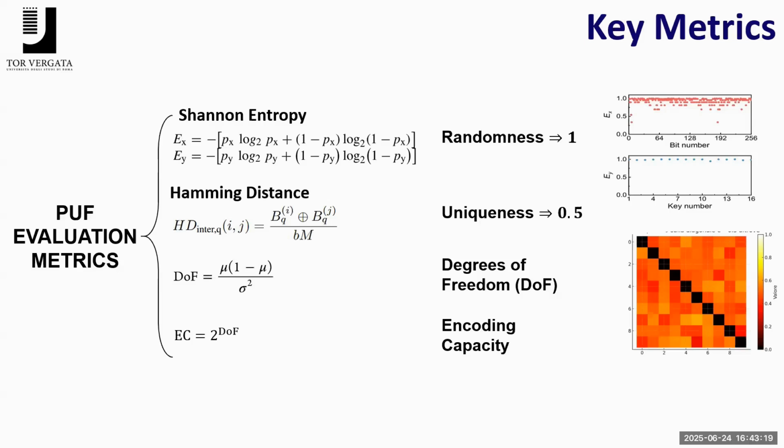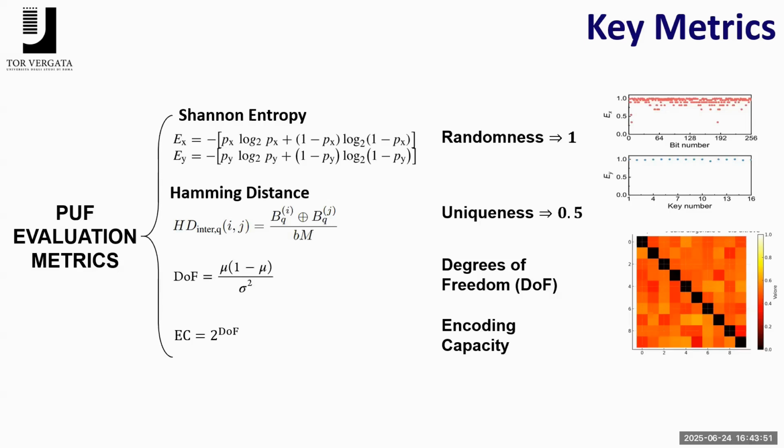It's very difficult for an attacker to make cryptanalysis to try to derive the key. Then we have the Hamming distance. We consider couples of challenges or devices, and we evaluate how many bits are different. And to have the best decorrelation, it should be close to 0.5. So we cannot have any possibility to correlate one response to the other.